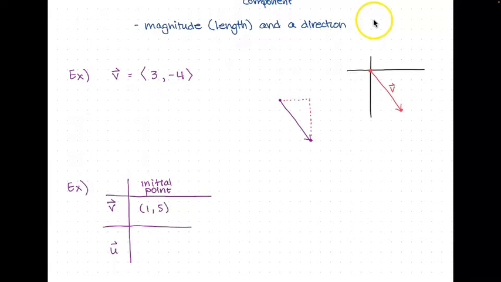And vector u has an initial point at negative 3, 2. And then they have terminal points. Let's say that vector v has a terminal point at 3, 1, and vector u has a terminal point at -1, -2.